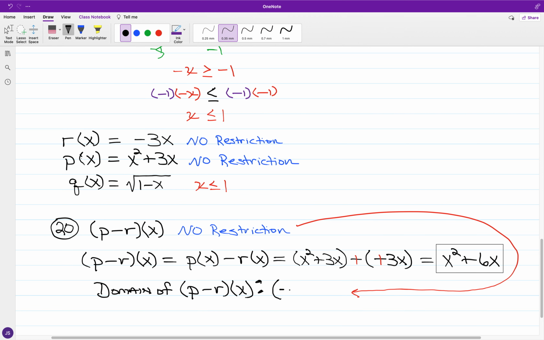And for the interval notation, again, we're going to have parentheses around negative and positive infinity.